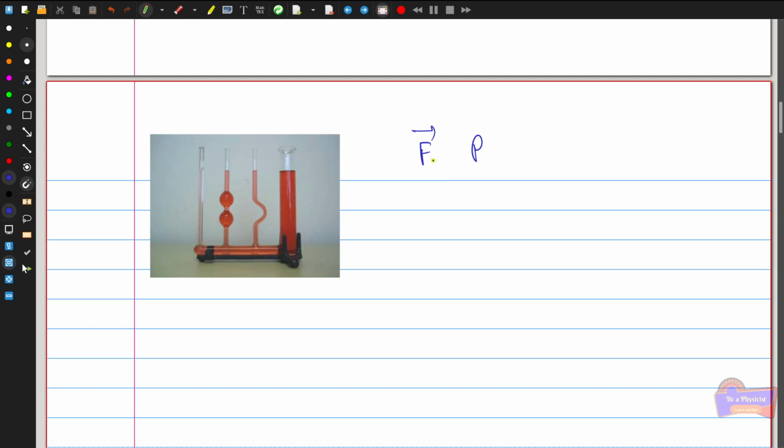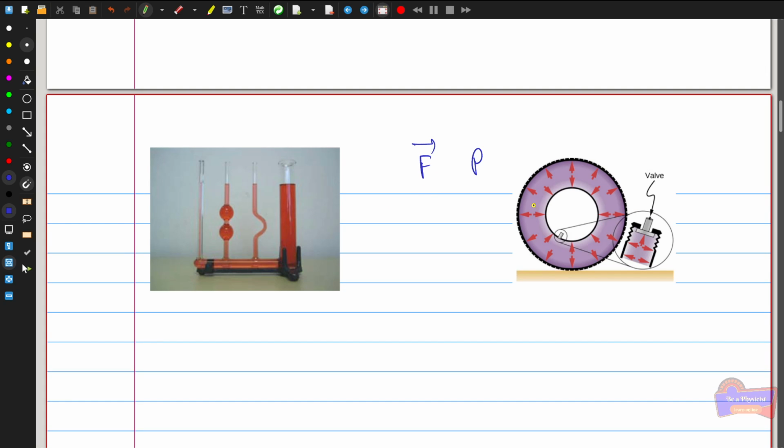Similarly, the pressure is exerted perpendicular to the surface of any object within the fluid. For example, if you consider a tube filled with air, the force due to the pressure is exerted perpendicular to the surface of any object. Suppose you are sending air into a tire through a valve, where a small opening allows the air to go inside.